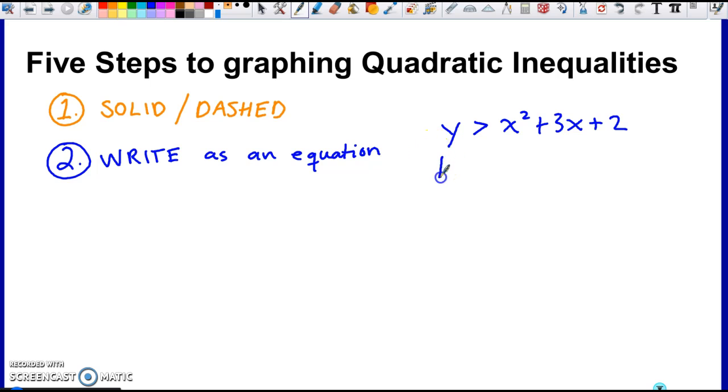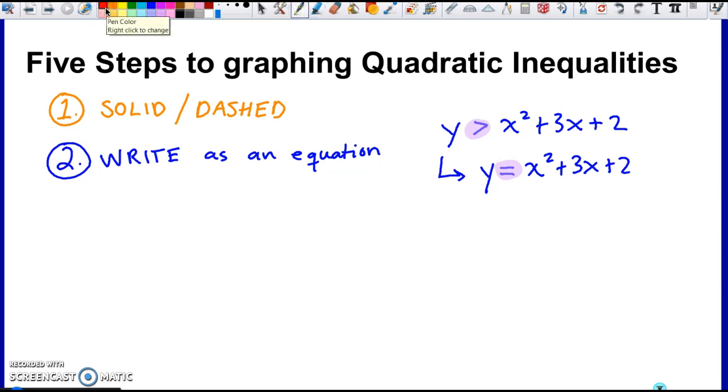You're going to write that as an equation instead of an inequality. It's an inequality because of this sign right here. We're just going to copy down the exact same terms, y, x squared, positive 3x, and positive 2, but I've changed the inequality sign to an equal sign.